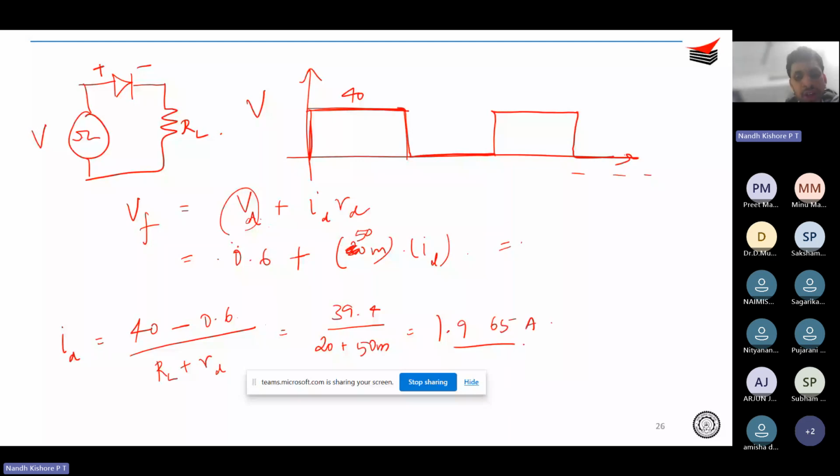So substitute that over here. That is VF is going to be 0.6 plus 50 milliohm, 0.05, multiplied by 1.965. So it will turn out to be 0.698 volts or 0.7 volts. Okay, so answer is E, 0.7 volts.